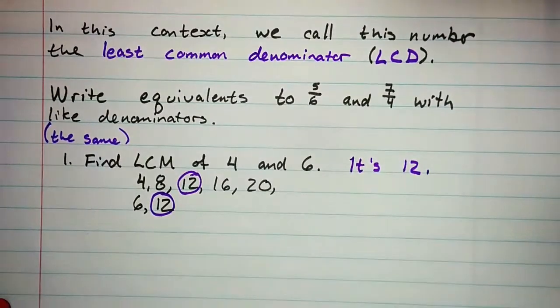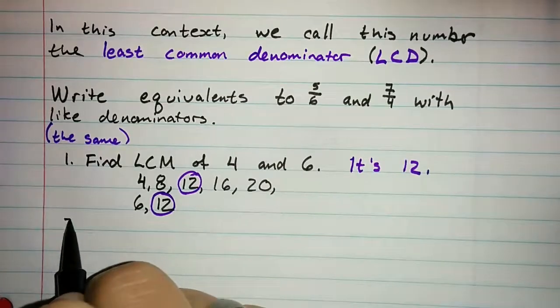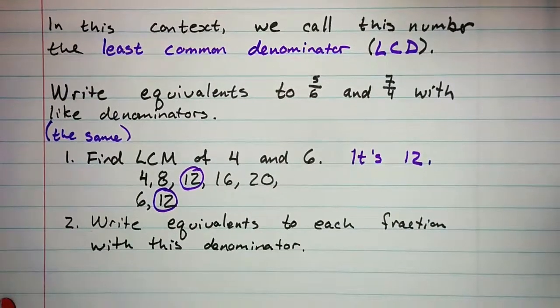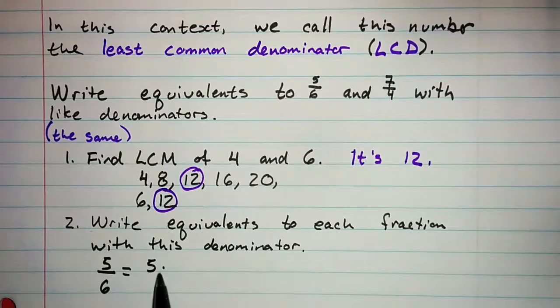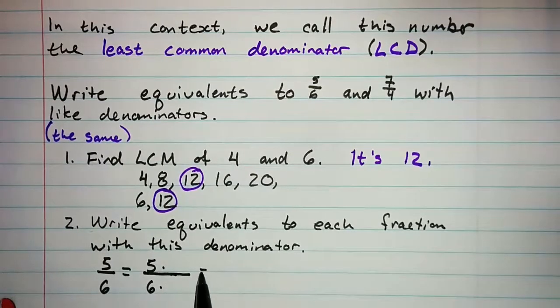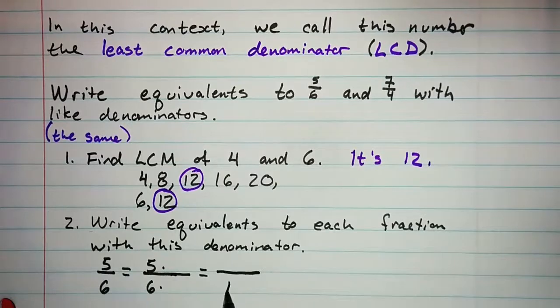So then my second step is to write equivalents to each fraction with this denominator. So we're going to say 5/6 is 5 times something over 6 times that same thing, which is something over 12.